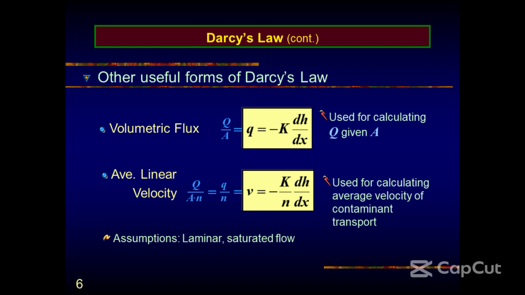Are you following? Now, if you look at this as the volumetric flux, what will be the unit? LT, isn't it? The dimension of the volumetric flux will be LT, and that same dimension is that of a velocity, isn't it?